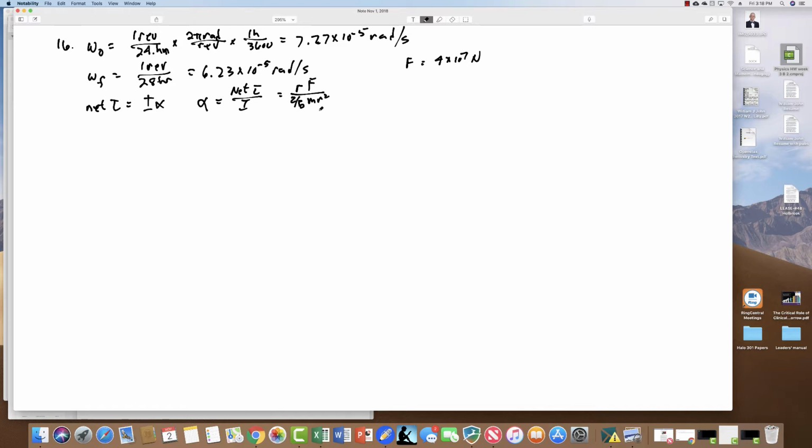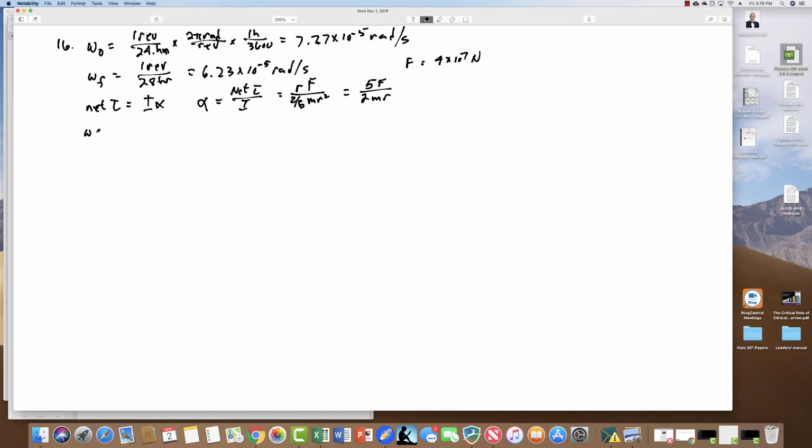This comes from that diagram in the back, and if you rearrange this algebraically, you end up with 5F over 2mr. Let's keep hold of that because we're going to need it.